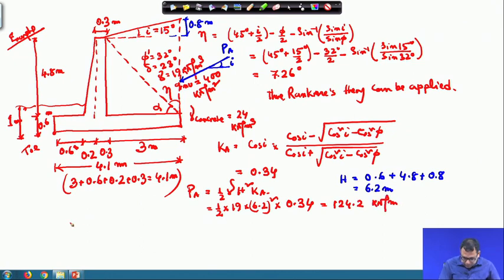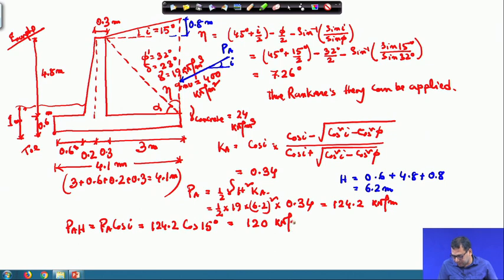Now, it has two components again. First we are calculating P A H, which is the horizontal one. P A H is P A cos I, so this is 124.2 into cos 15 degree, which is equal to 120 kilonewton per meter.